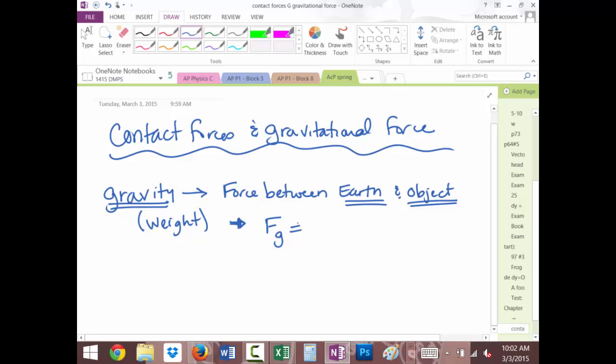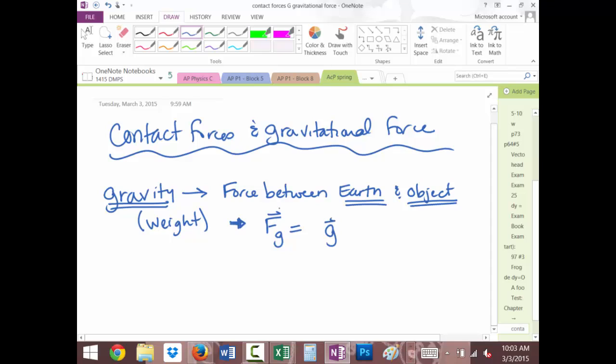Have you seen that in the book yet? No, I haven't looked at the book that far yet. Okay. What's it dependent on? Acceleration, right? The acceleration of gravity. We've been doing that for a long time. That's little g. And that's where the vector part comes from.